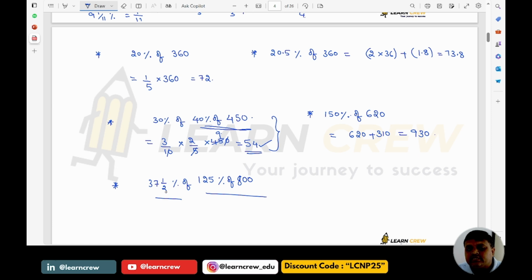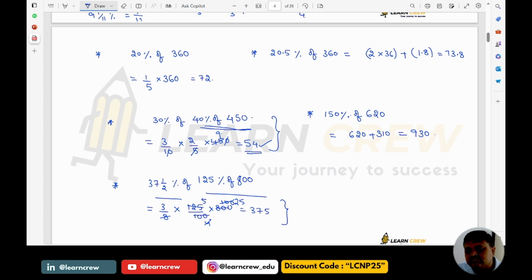So if you see here the traditional way, 37.5 percentage is 3 by 8, into 125 percentage, 125 by 100, into 800, right? So 25 5s are 25 4s are, 800 times. So now 4 25 times, 3 5s are 15, 15 25s are 375. This is the traditional way.